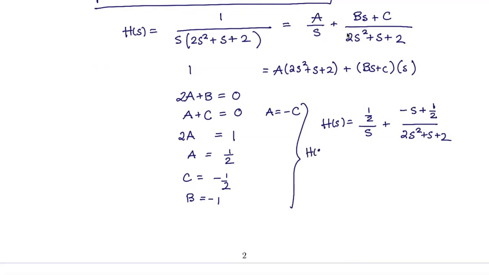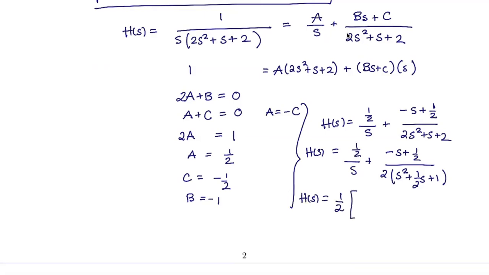If I pull a 2 out of the denominator in the second fraction, that will give me s squared plus 1/2 s plus 1. And what's nice about that is I can now pull a 1/2 out of both of these terms so that I end up with 1 over s minus s plus a half all over s squared plus 1/2 s plus 1.